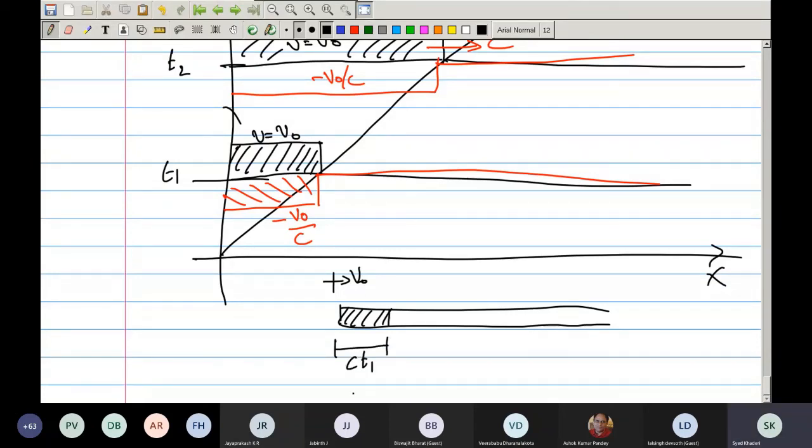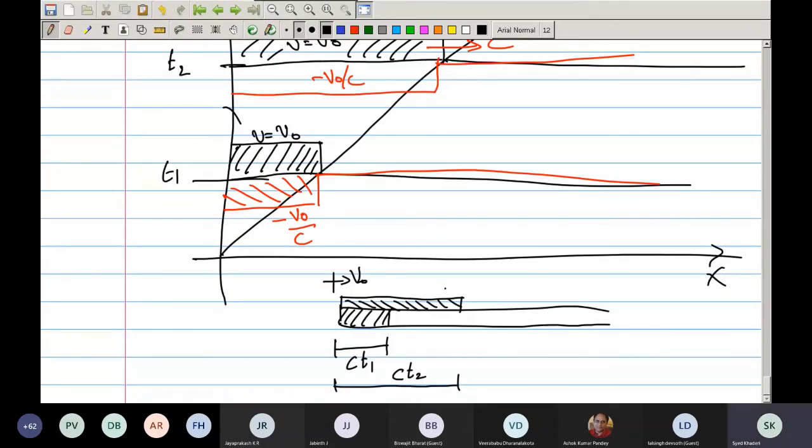Then at time t equal to t2, we will have a larger length which is at the same velocity, and the length of the bar which has the velocity will be equal to c into t2. So what you have is basically a velocity discontinuity in the bar. So that is something which is happening.